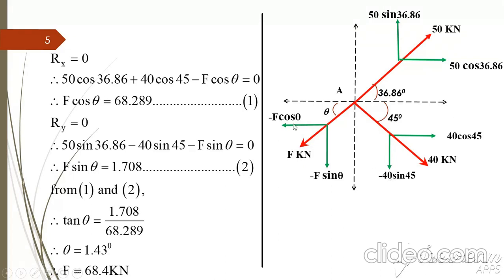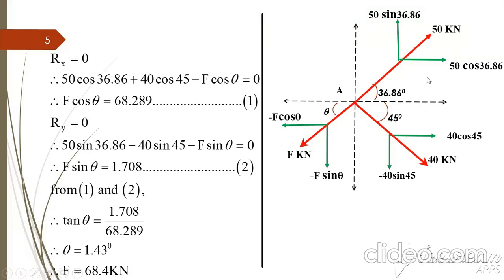Similarly, resolving the force F, the angle is made with respect to x, so cos theta, and with respect to y it is 90 minus theta. So the horizontal component is cos theta and the vertical component is sin theta. Again the x component is opposite to positive x, so minus F cos theta, and the y component is opposite to positive y, so minus F sin theta.